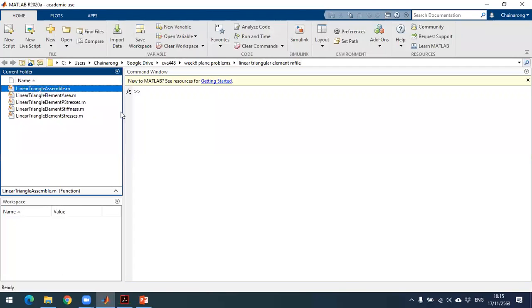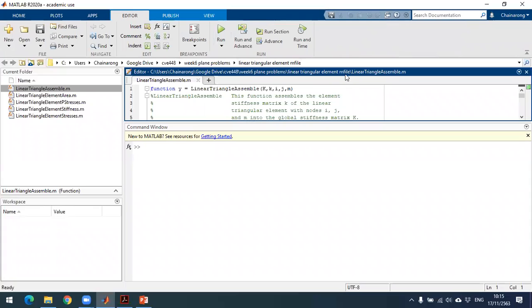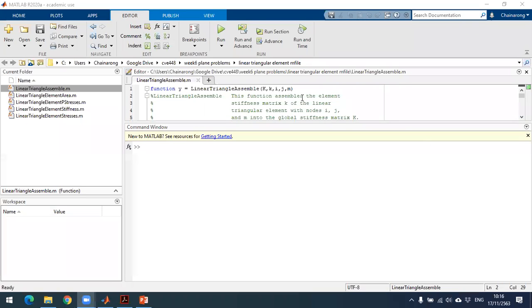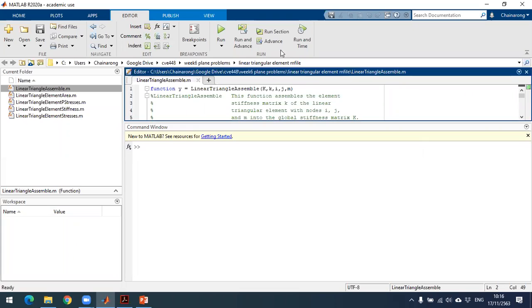If you double click and the path is not the same, you may set up the path first in order to change the workspace so that it is compatible with the file.